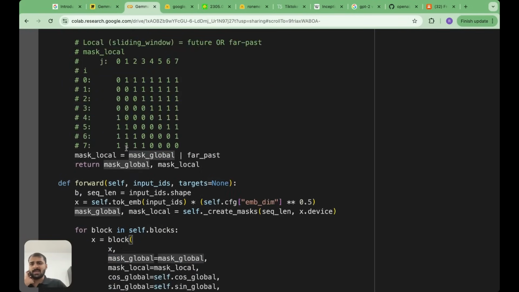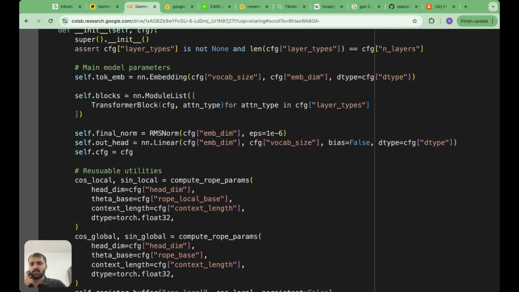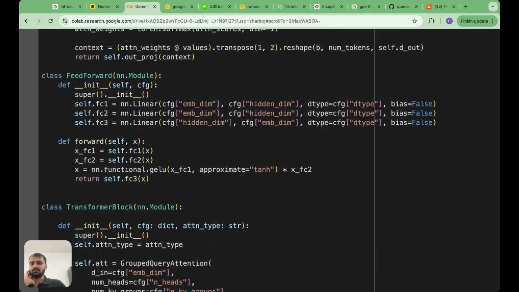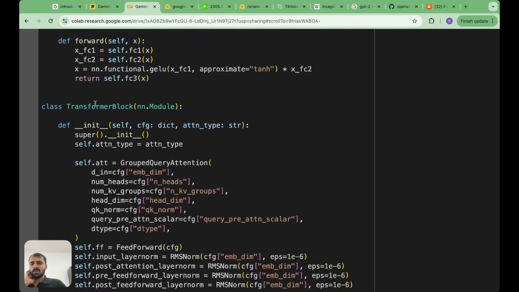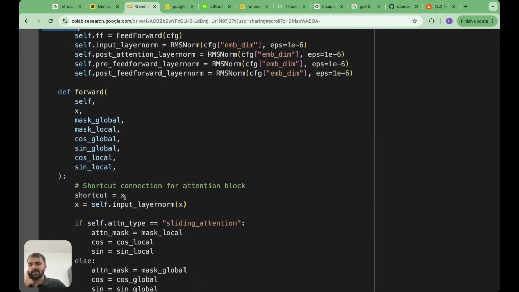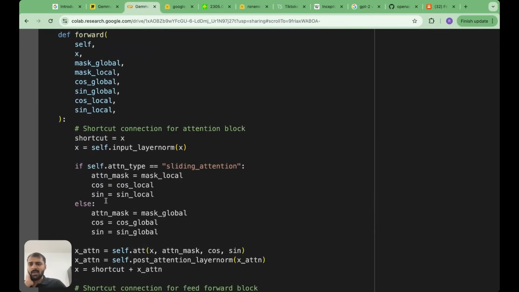Now let's see what's there in each transformer block. So I'm going to this class called block right now. Here, this is where each transformer block is defined. In each transformer block, I first apply normalization, then I check for the attention type.